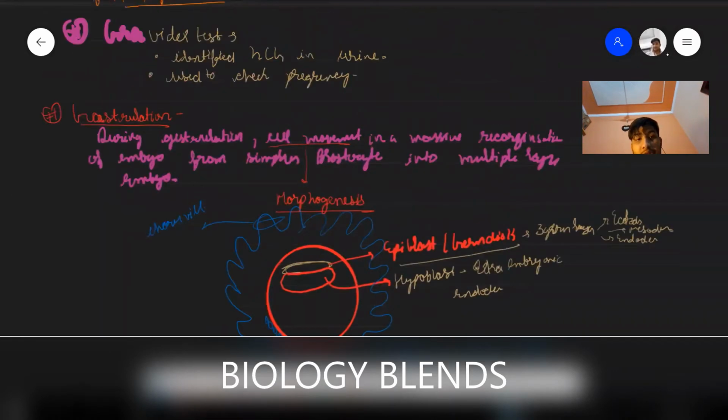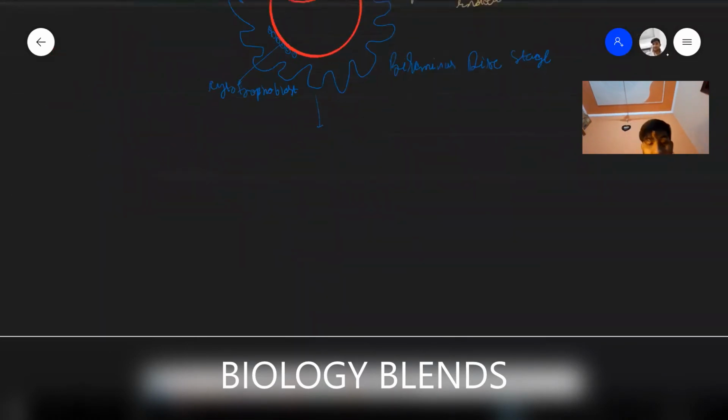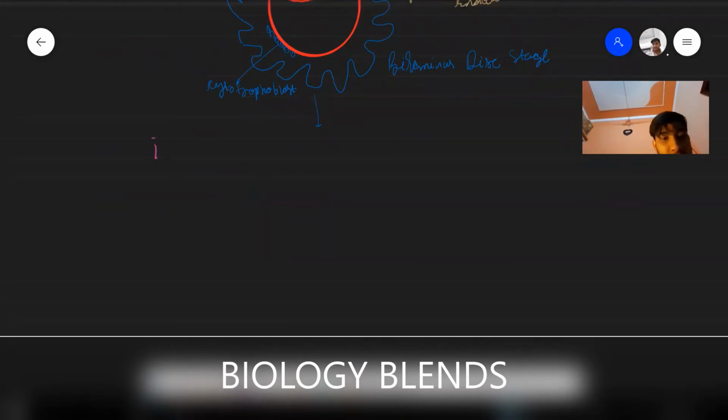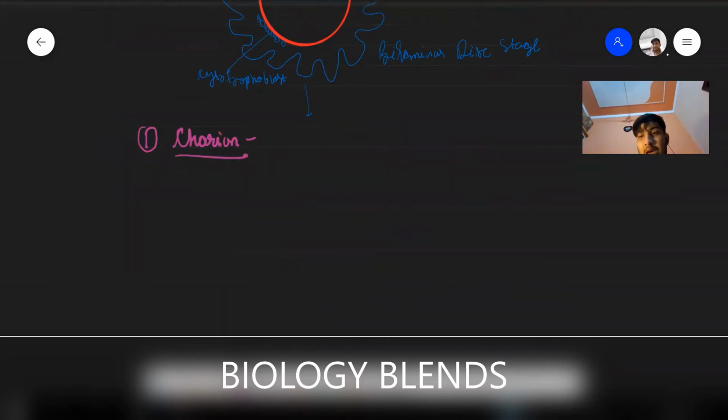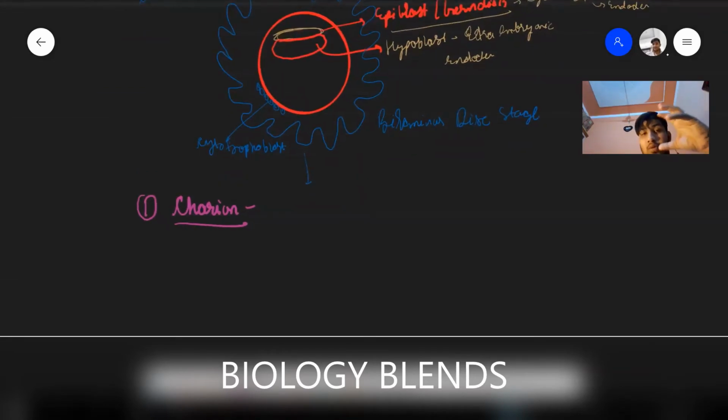So gastrulation develops various structures. First is the chorion. It is present at the outer side of the embryo and includes the extra embryonic mesoderm.